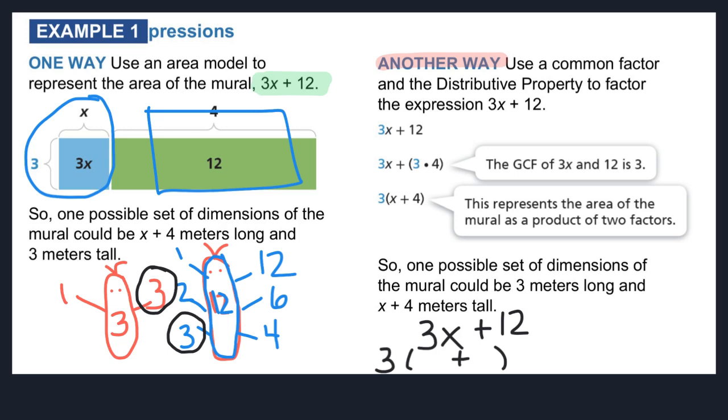So if I pull a 3 out of 3x, that leaves just the x. If I pull a factor of 3 out of 12, well, 3 times 4 is 12, and I've just done backwards distributive property. That is called factoring expressions.